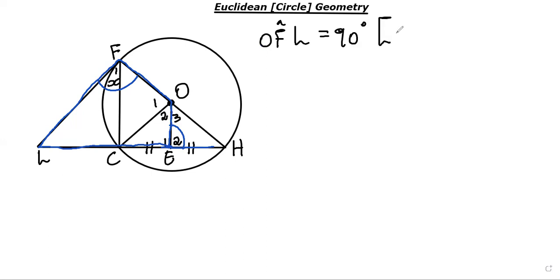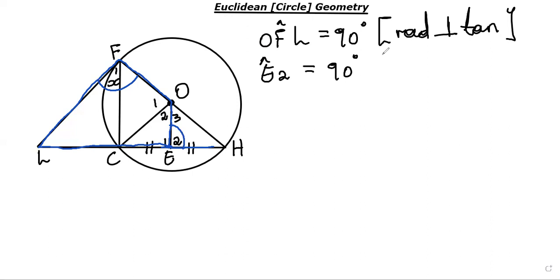But what is the reason for that? It's because the radius is perpendicular to the tangent. Or you can say the tangent is perpendicular to the radius. And then you also tell us that E2 is 90 degrees. Well, this one was proven above.